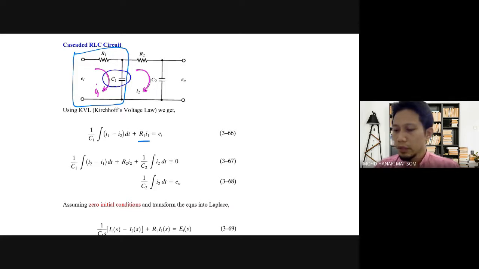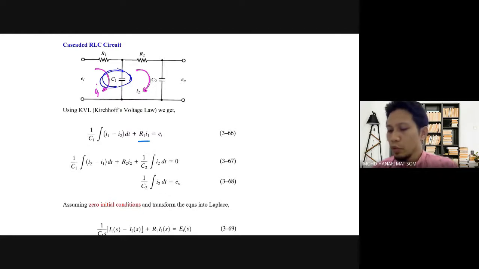C1 is shared between the 2 loops, in the I1 loop and in the I2 loop.